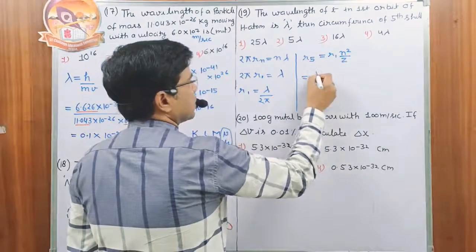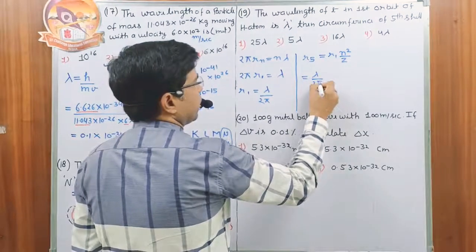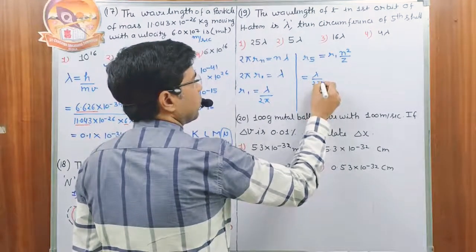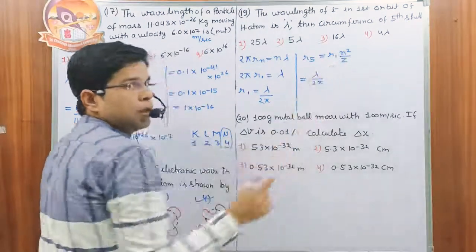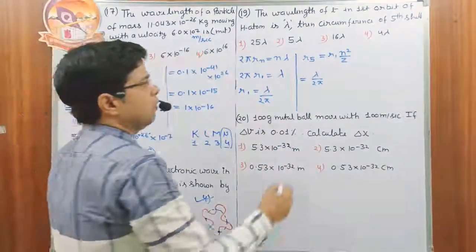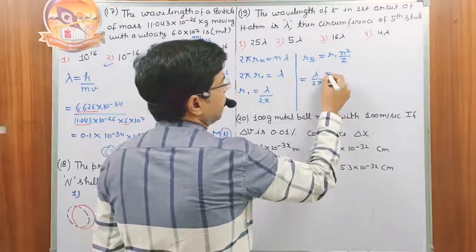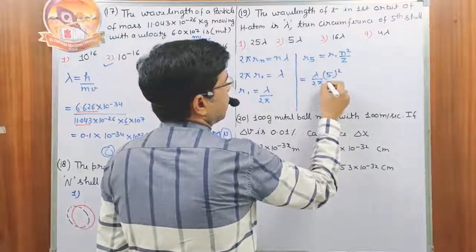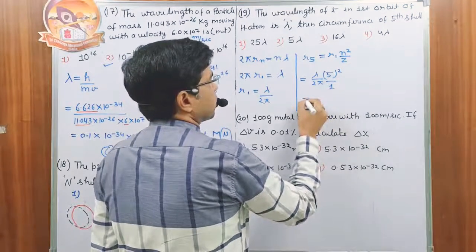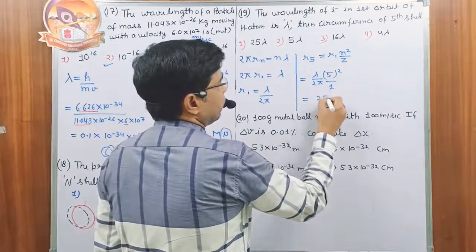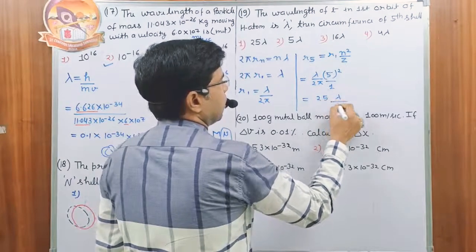So r1 is lambda divided by 2 pi. Value of n for the fifth shell is 5 square, and for the hydrogen atom z value is 1. So what is that? 25 lambda upon 2 pi.